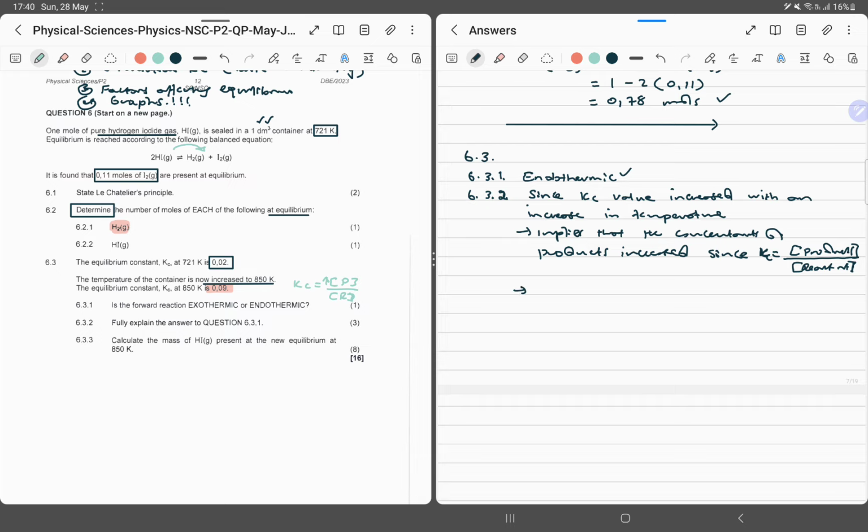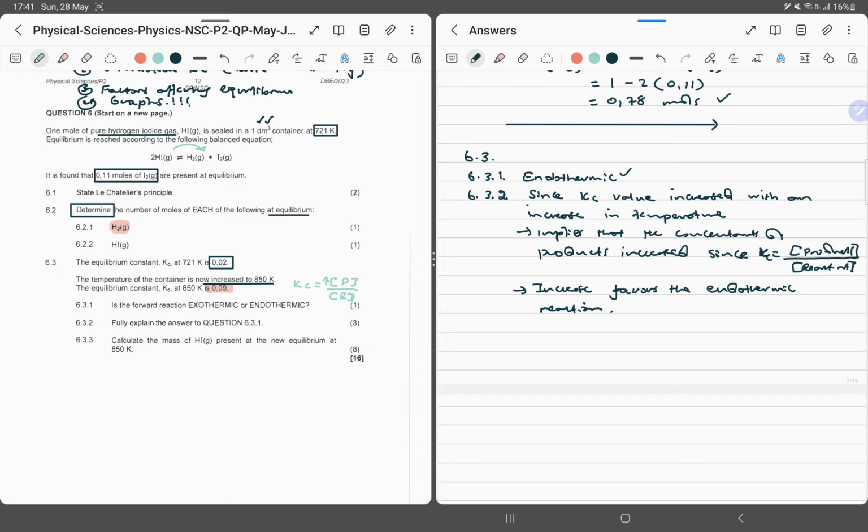the forward reaction, okay, we just say, then we know that an increase in temperature favors the endothermic reaction. Okay, obviously, that is the story. So we can stop there. I mean, there's just 3 marks there.